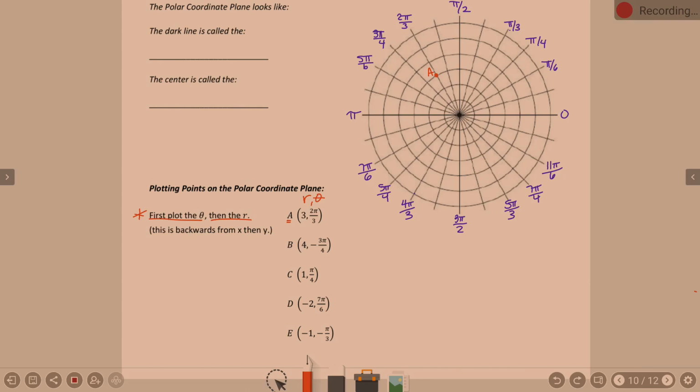Okay, B. 4 comma negative 3 pi over 4. Change it up right off the bat on you and make you think. So, first of all, plot the angle. Where is negative 3 pi over 4 going to be?